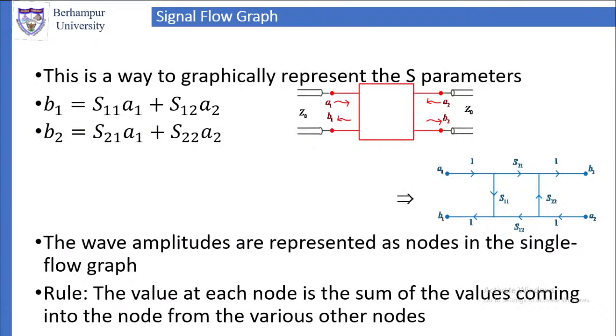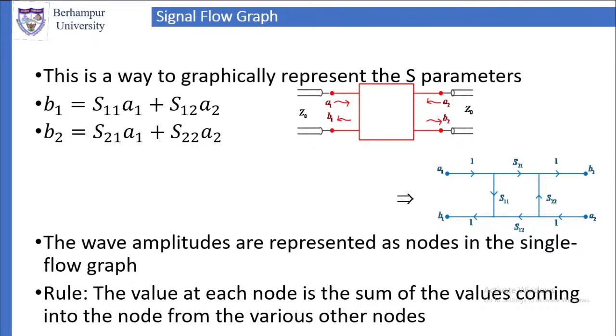Then there is something called the signal flow graph, which you might have studied in the Pozar book. This is a way of graphically representing the S parameters. Look at this: consider a two-port network. B1 is equal to S11 A1 plus S12 A2. B2 is equal to S21 A1 plus S22 A2. Now this network that we have seen is equivalent to the network shown in blue. The wave amplitudes are represented as nodes in the signal flow graph. So A1, B1, A2, B2, these are all nodes.